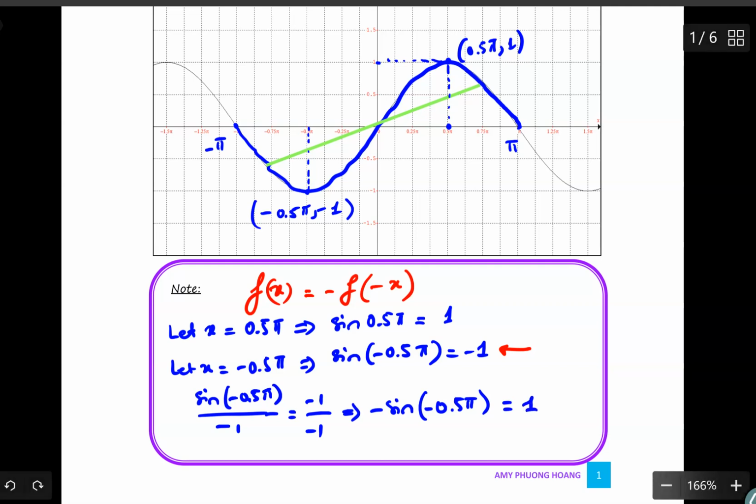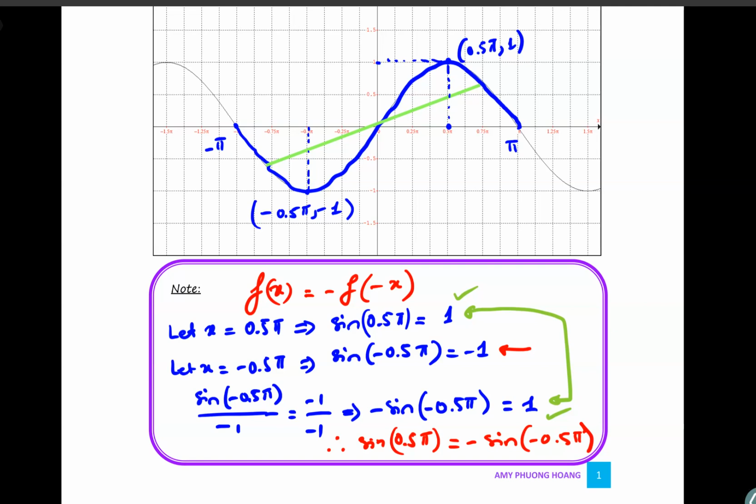Now I would like you to compare this equation with the earlier one. Because both sides equal 1, I can let them equal each other. So I have sine of 0.5 pi, let's put this in a bracket, equal to negative sine of negative 0.5 pi.